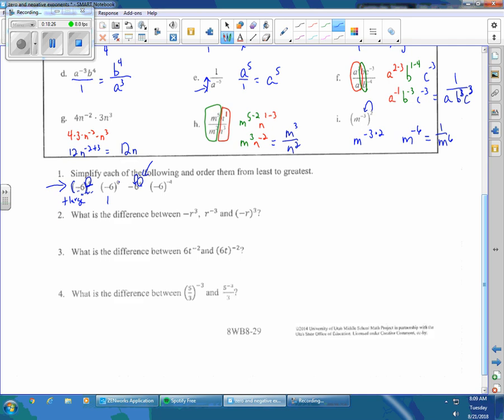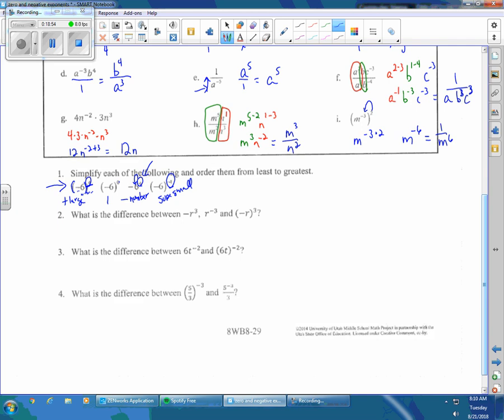So it's going to be a very small number, a negative number. Here we have a negative exponent. So we know when we have a negative exponent, it's going to be a fractional number. It's going to have a couple of zeros in front of it. So this is going to be a super small number.